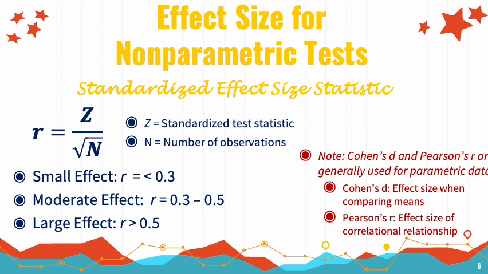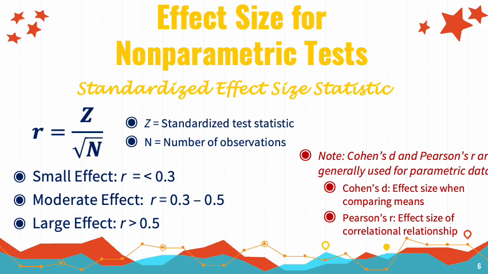Before we head into specific non-parametric tests of analysis for comparing groups, I wanted to briefly discuss the concept of effect size for non-parametric tests. Back in our lecture on hypothesis testing, I discussed Cohen's d and Pearson's r as two measures of effect size. Cohen's d is the measure used when you are comparing means, and Pearson's r is a measure of comparing correlational relationships.